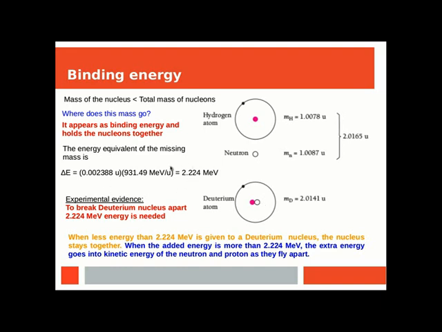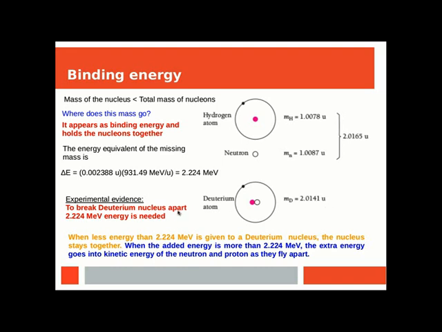Experimental evidence of this value comes from the fact that to break the deuterium nucleus apart into its constituents, 2.24 million electron volt energy is required to be supplied. Any energy less than 2.24 million electron volts will not be able to break the nucleus apart.